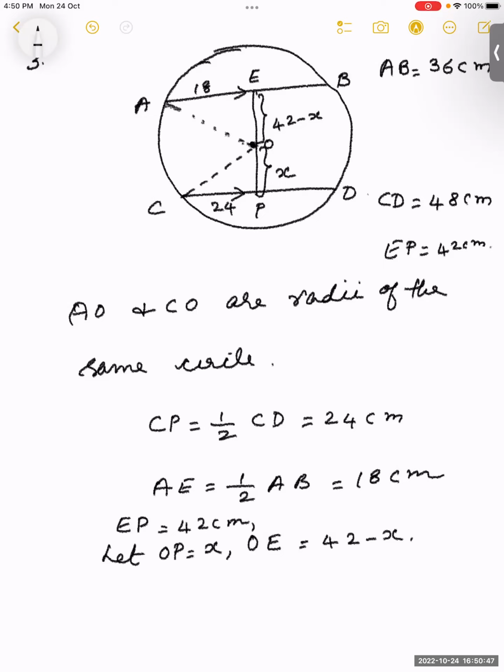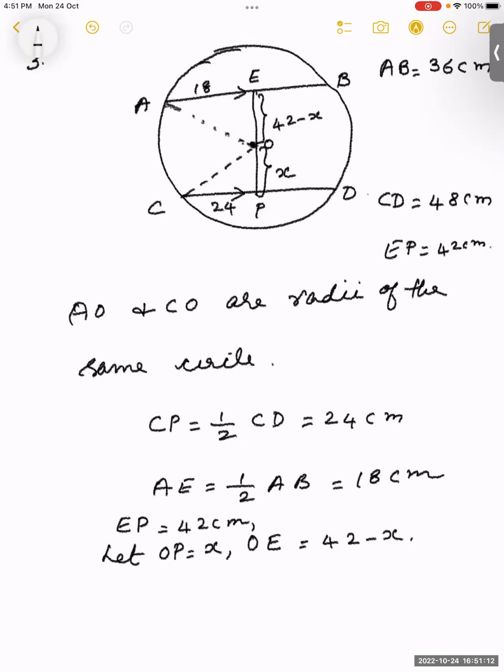Then I'm writing let OP equal to X and OE equal to 42 minus X. Are you all okay with this or not? I'm not getting a yes from others. Shreya, Martin, Eva.